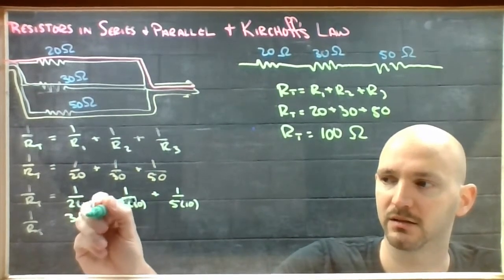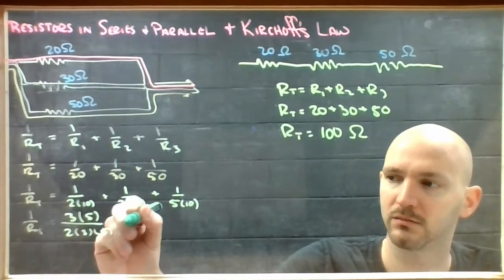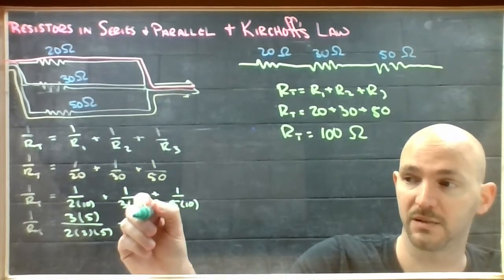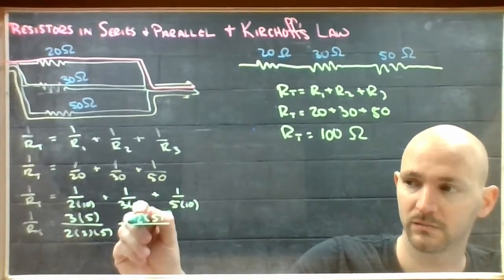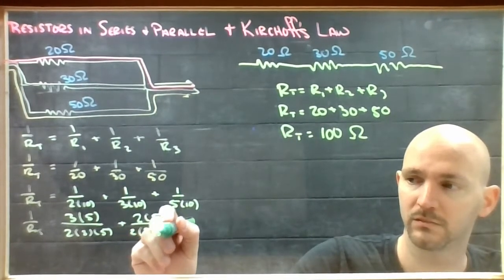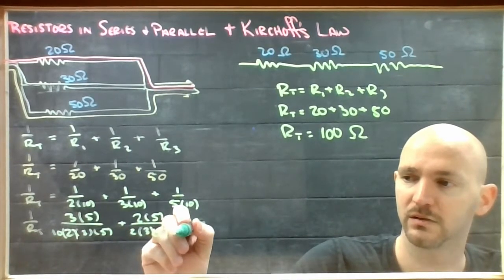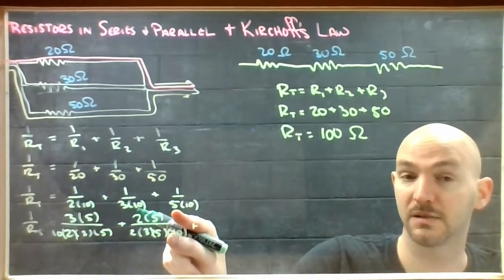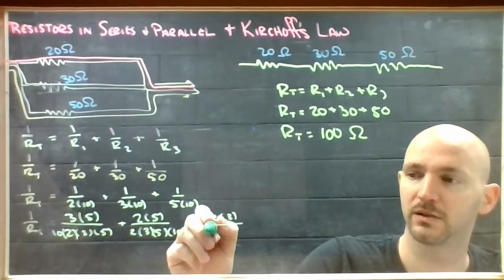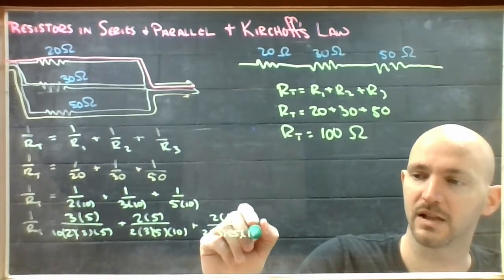So I'm going to put that in. This one is missing the 2 and the 5. So we can put them in. I guess there's a 10 in there too. And this is missing the 2 and the 3. So 2 and 3 and 5 and 10.